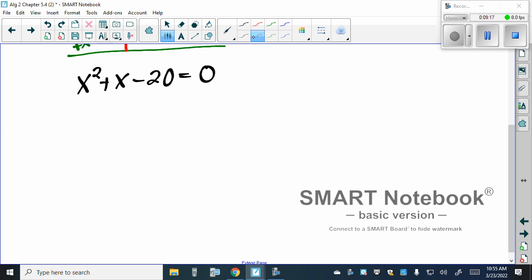So now we just need to solve this quadratic. Since the number in front of x squared is 1, most likely if it does have solutions, they're going to be whole numbers. So we could graph it, and then the graphing calculator will tell us the solution pretty easily. Or we can factor. Since the 20 is negative, our signs are going to be opposite.